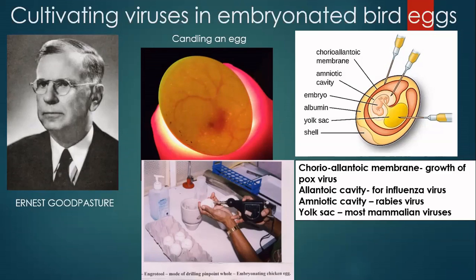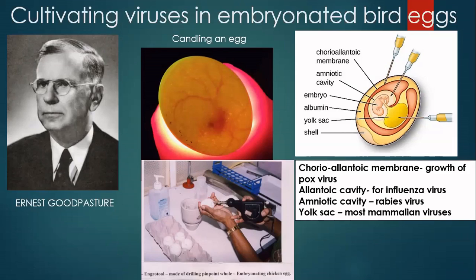Then based on where you want to make a hole in the egg, they make a pencil mark and make a small nick. A small nick is made on the shell, or a hole is drilled at that region. And using a syringe, the virus will then be inoculated inside.